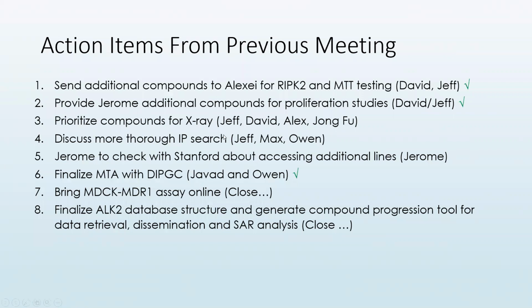We had discussed doing a more thorough IP search on M4K 2009 specifically, where we've introduced that C4 methyl in the pyridine. This was something that Max, Owen, and myself were looking into. We had some discussions around it, and I'll touch very briefly on some of the things we've done in the past month on an upcoming slide.